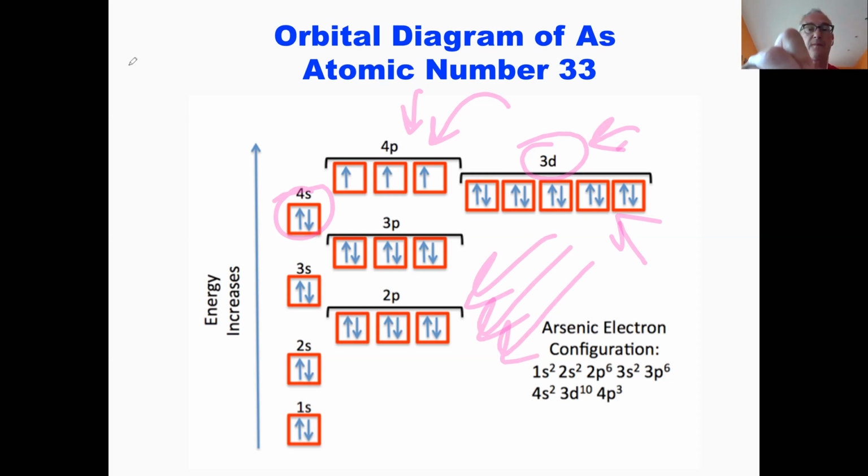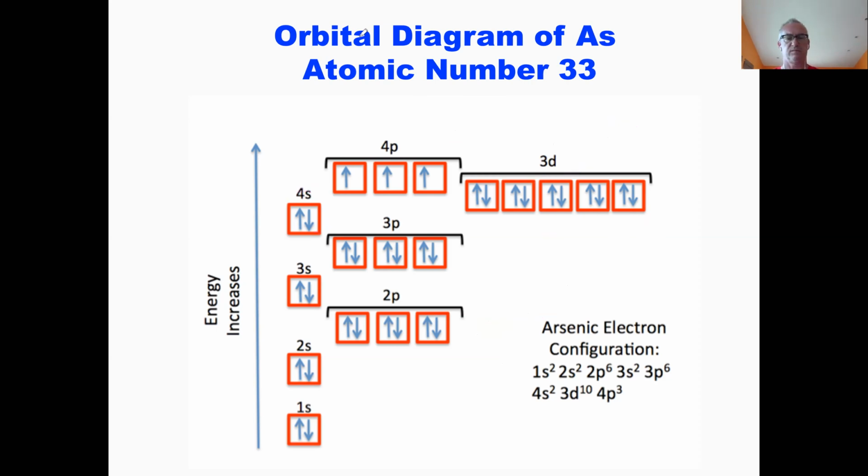Okay. So when it forms ions, it still forms 3-. Yeah, arsenic is a metalloid, so it has both non-metal and metallic properties.